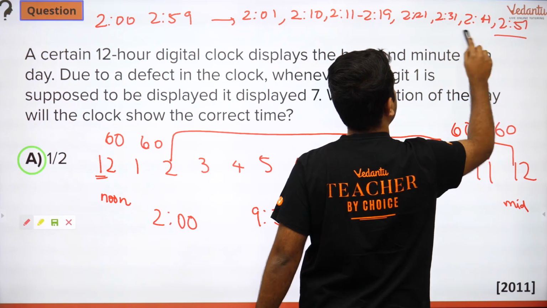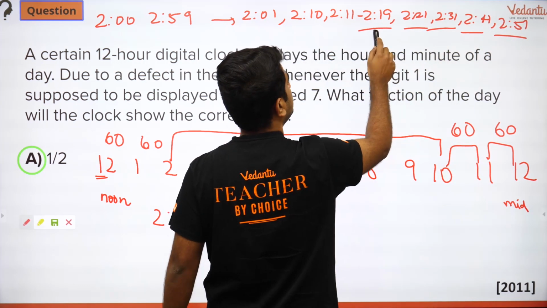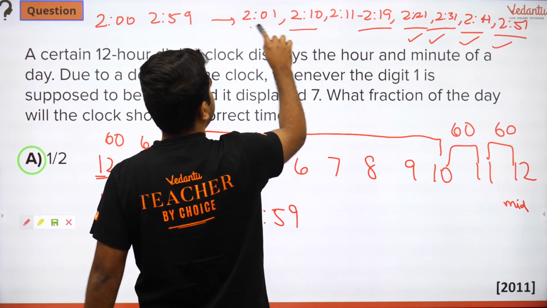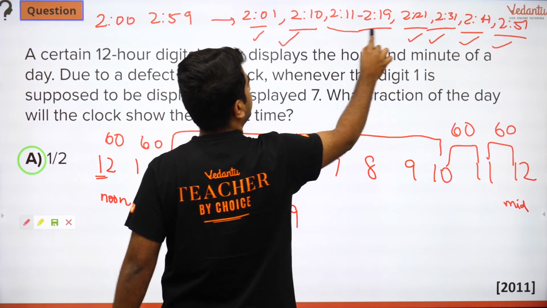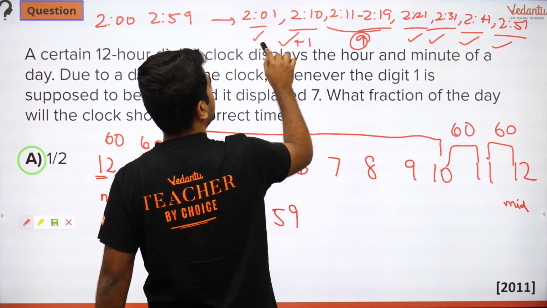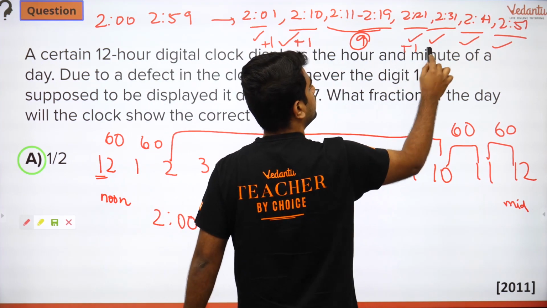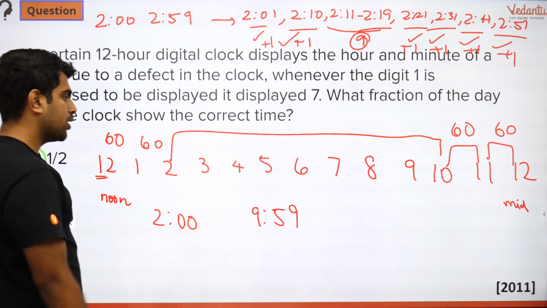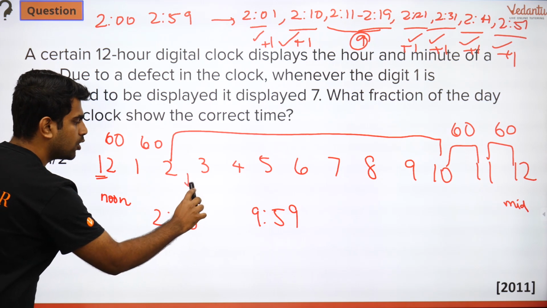So 1, 2, 3, 4, 5, 6 individual ones, and here you have 9: 10, 11, 12, 13, 14, 15. So 15 minutes it's wrong over here.